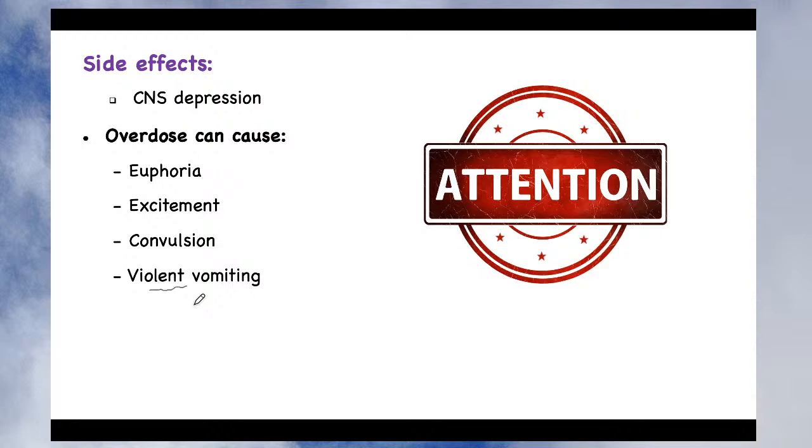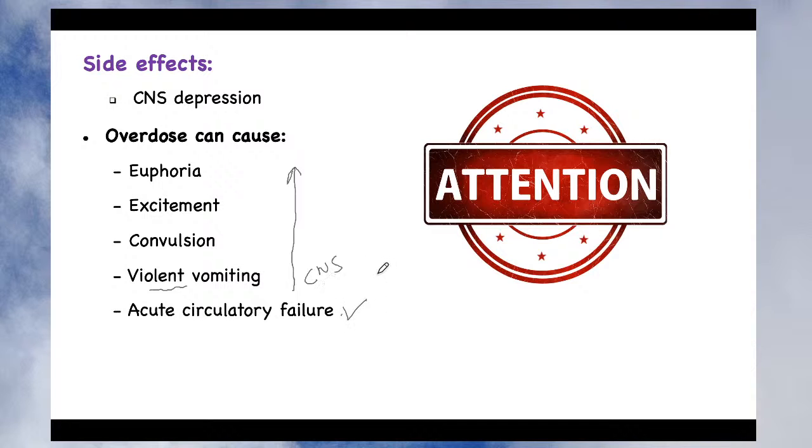So violent vomiting is not advisable, and that is what happens in case of overdose. The first few symptoms like euphoria, excitement, convulsion and also violent vomiting are due to increased CNS stimulation, so it is due to the excitation of the CNS. But when the patient reaches this stage, the excitation of the CNS is followed by acute circulatory failure.